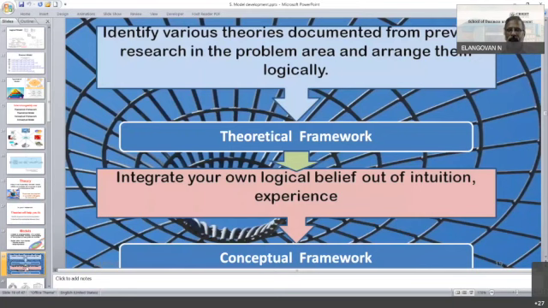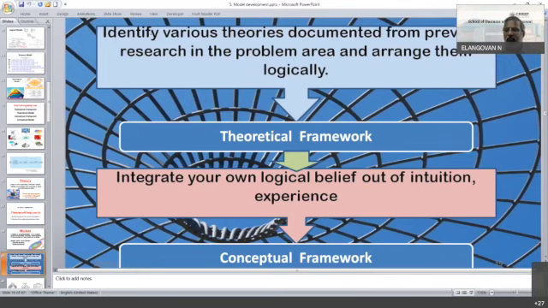So coming to the difference between a theoretical model and a conceptual model, or a theoretical framework and a conceptual framework. A theoretical framework is what you get if you convert an existing theory into a model, that is, you illustrate the particular theory in the form of a picture, and that is called a theoretical framework or a theoretical model.